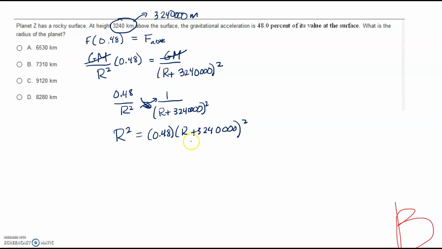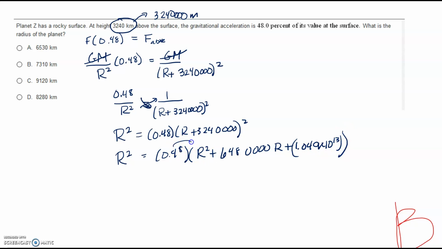Oof. So then I've got to FOIL this, and I get, when I FOIL it, r squared plus 1, 2, 3, 4 r plus 1.049 times 10 to the 13th.